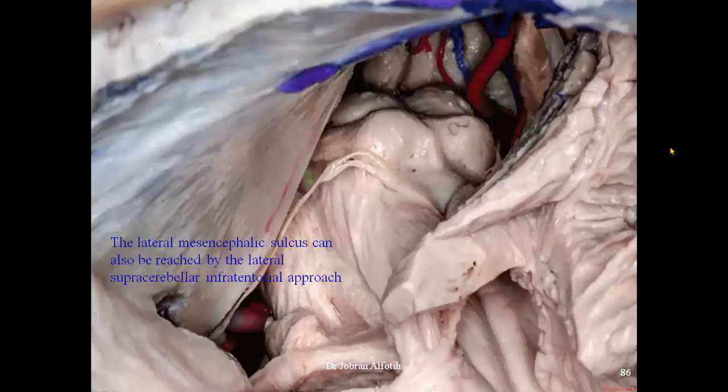We can also reach the lateral mesencephalic sulcus by the lateral supracerebellar infratentorial approach. Here is the tentorium.